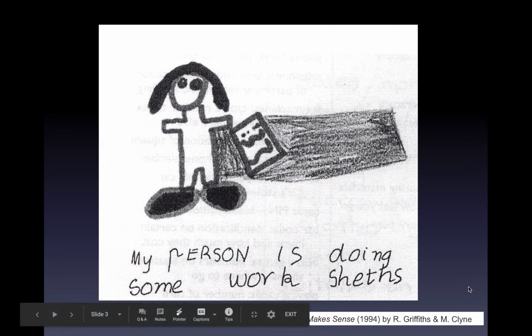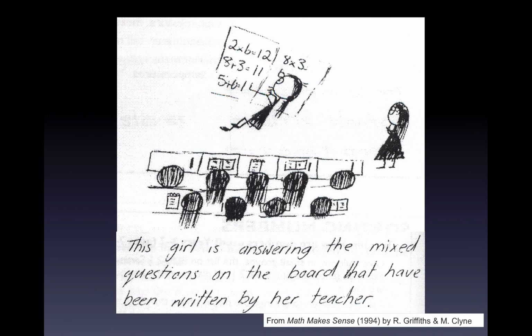What do you think about that? And this person's drawing is about a girl answering mixed questions on the board that have been written by her teacher. So it's like a classroom, and the student is called out to the front to answer some questions written by the teacher. So it's representing the mathematics classroom.